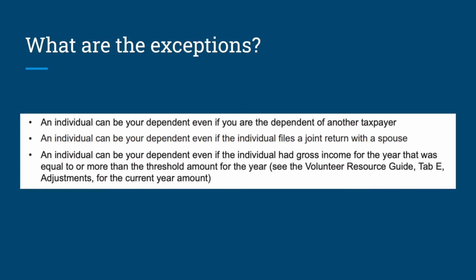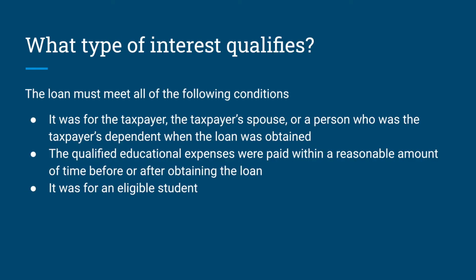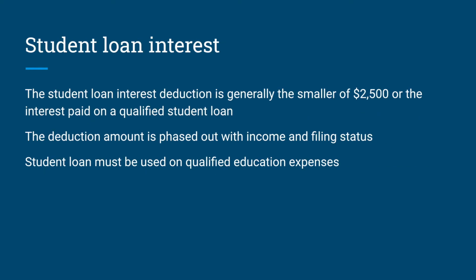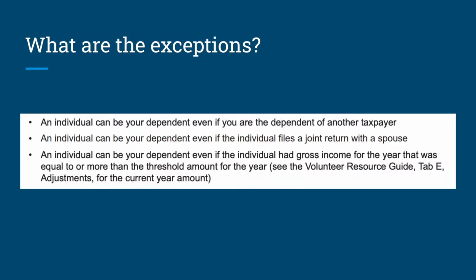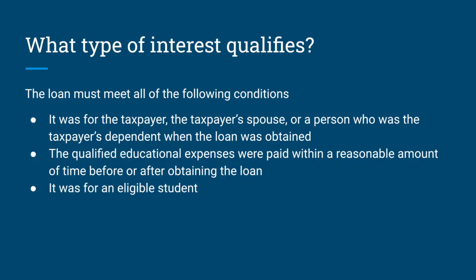And an individual can be your dependent even if the individual had gross income for the year that was equal to or more than the threshold amount for the year. So these exceptions are important to understand, but I would really focus on these two slides. Again, refer back to publication 4012 where you can check for exceptions, but you do not have to memorize these.